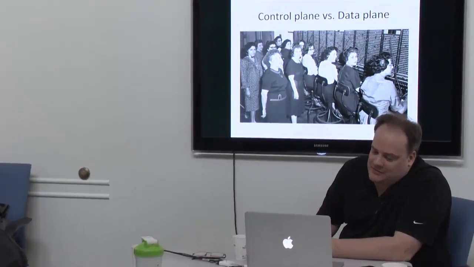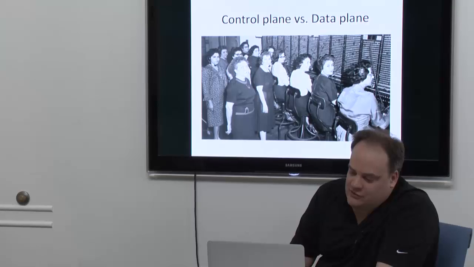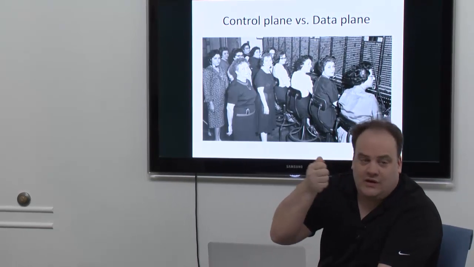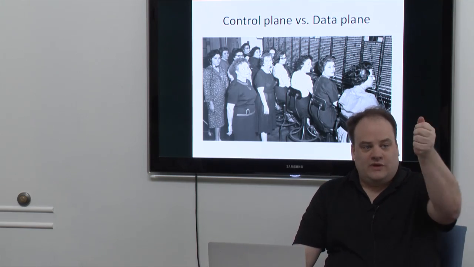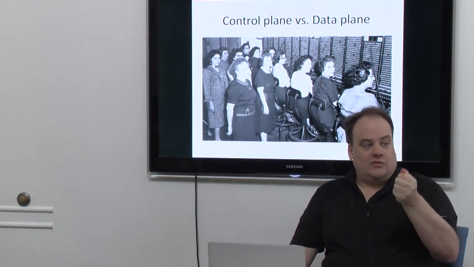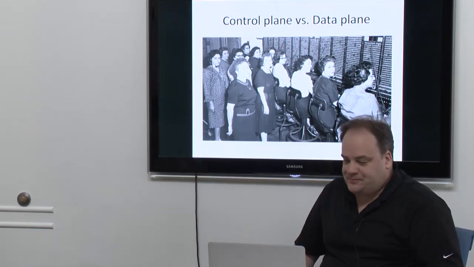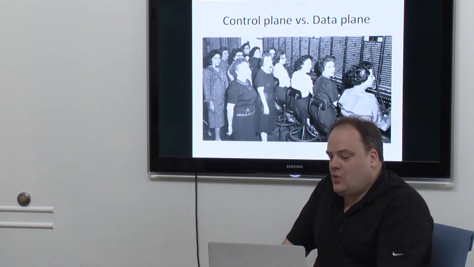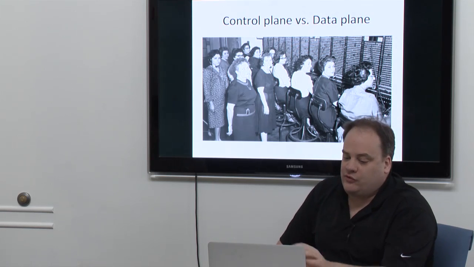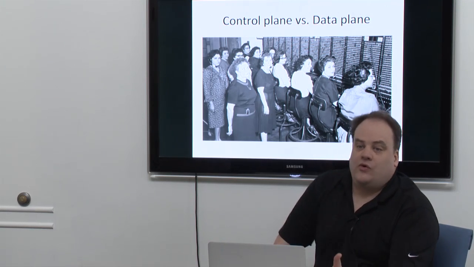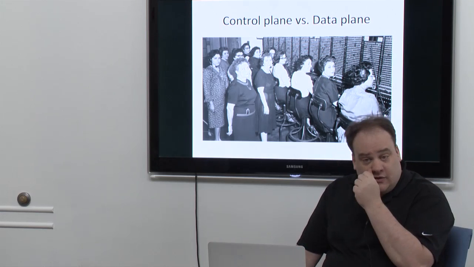Back in the really old days, before even I was born, switches were electrical wires. When you made a phone call, it's because someone in the local switchboard would take a wire and connect your copper wire to someone else's copper wire. The copper wires are the data plane. They carry the data. And the switchboard operators were the control plane. They would control how data flowed.